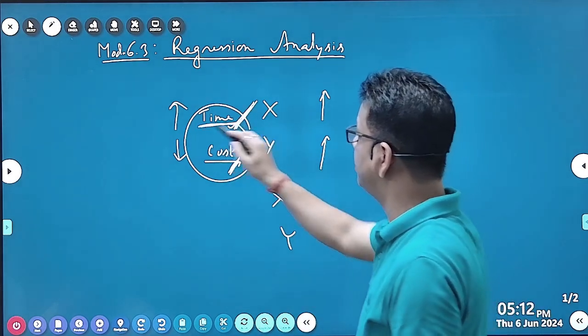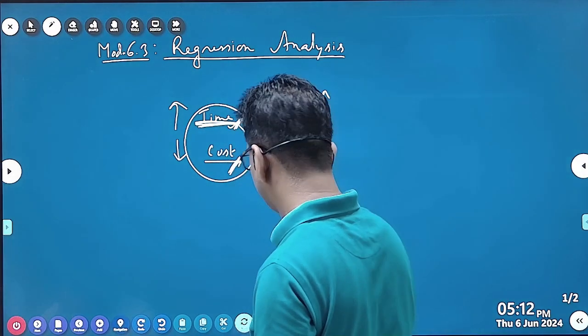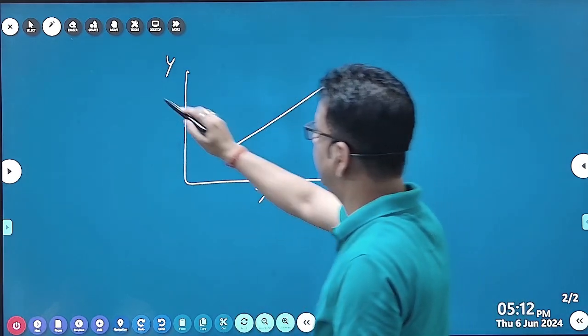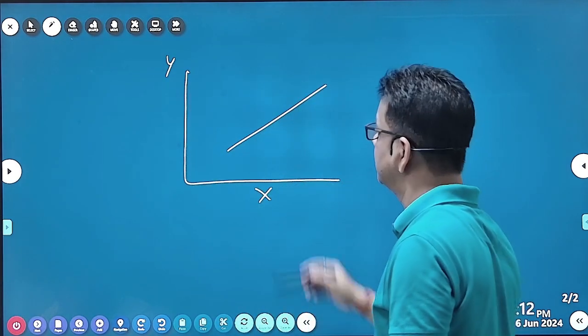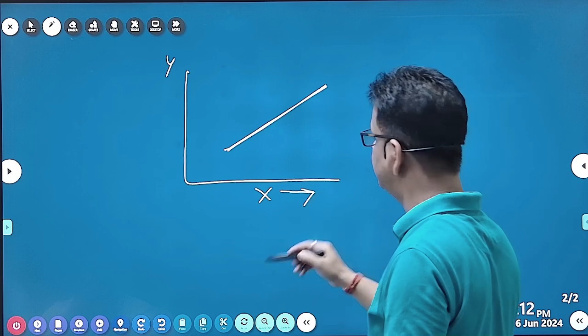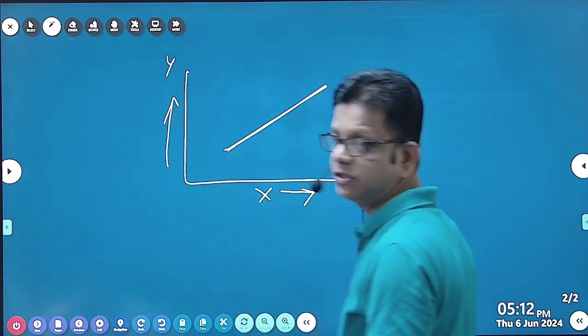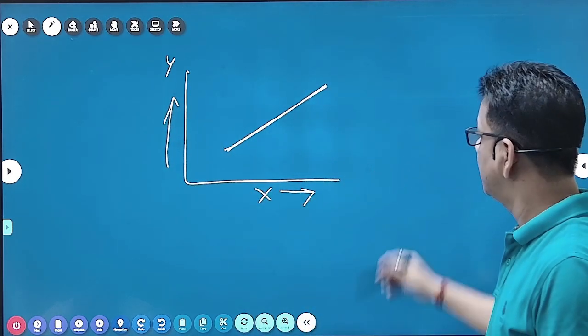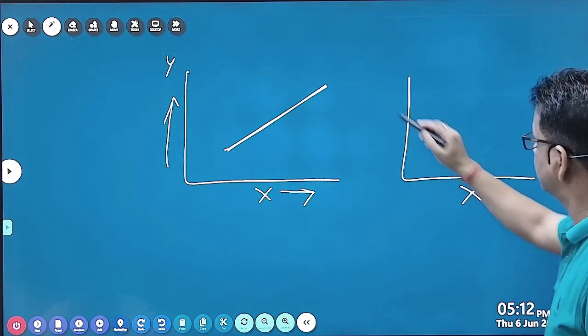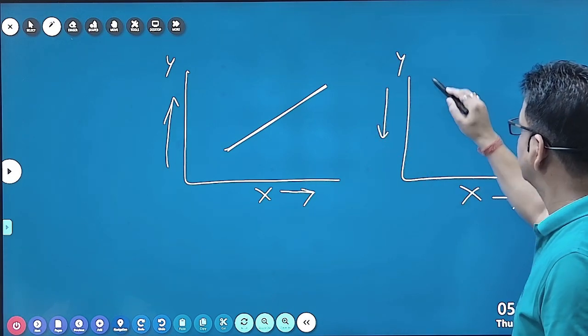The independent one is x, which we represent along the x-axis, and the dependent one along the y-axis. Now suppose the graph comes like this, it means that when time is increasing, cost is also increasing. In the other situation, x, the time, is increasing and the cost is decreasing. So the graph will go like this.